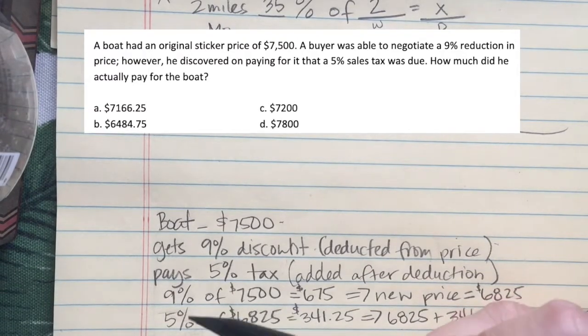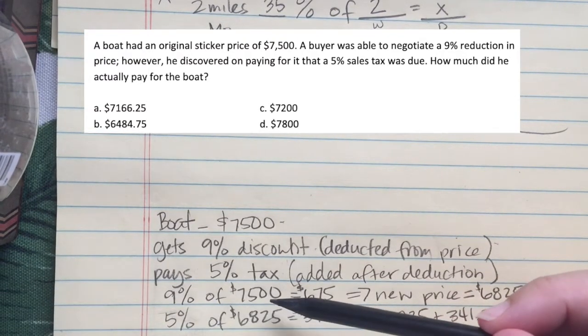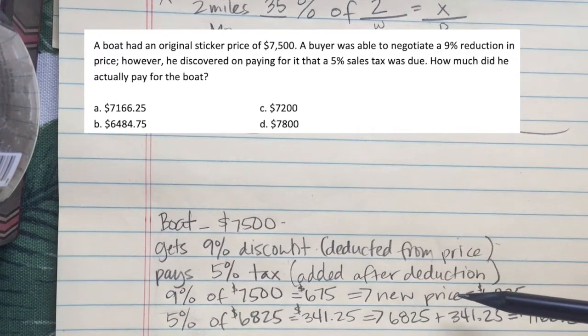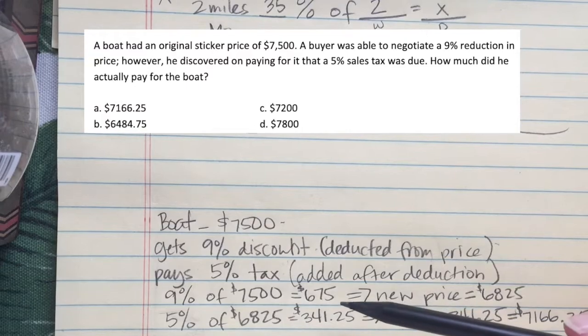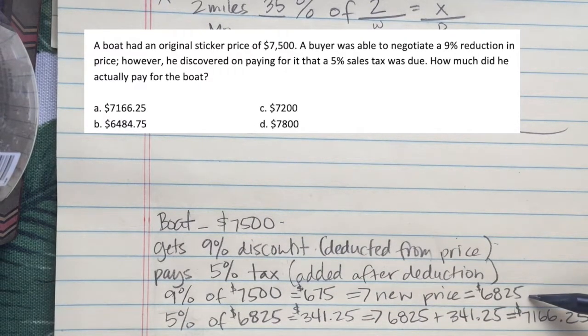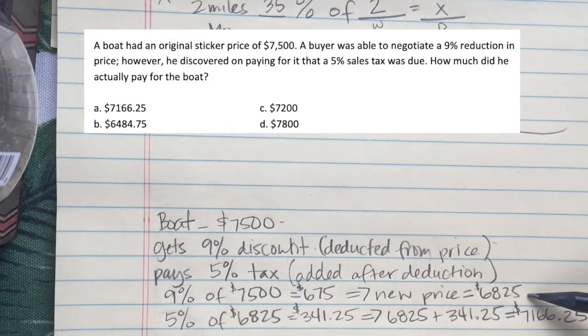So the first thing I did was 9% of 7,500, which got me $675. That represents my discount. So I took that away from the 7,500, which gave me my new boat price of $6,825. Now I have to calculate the tax.